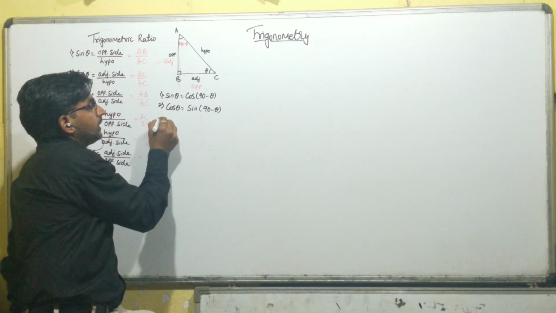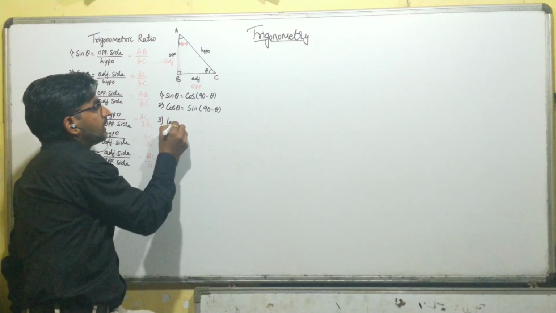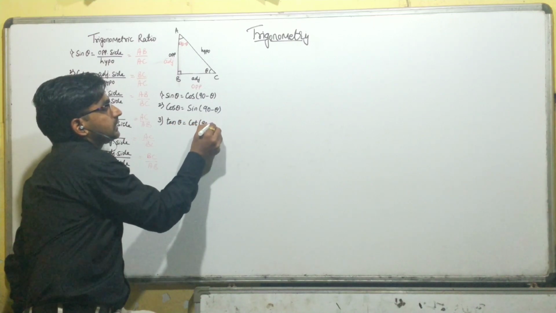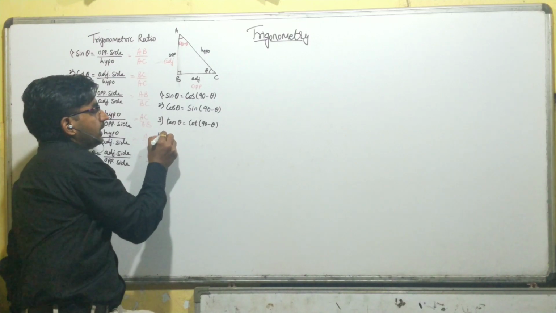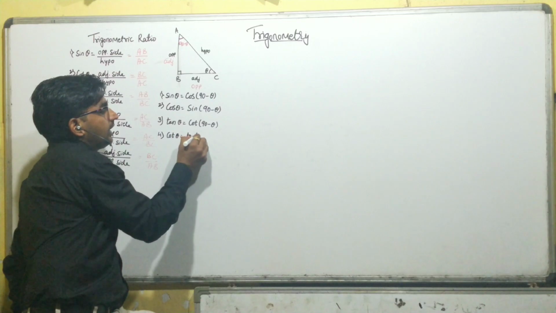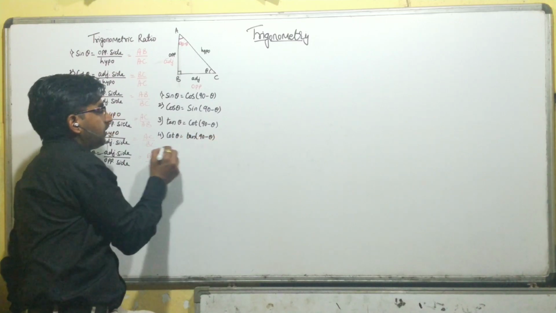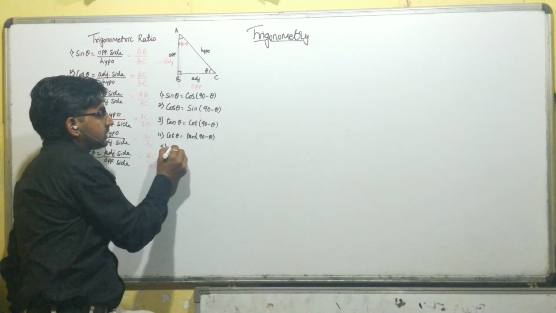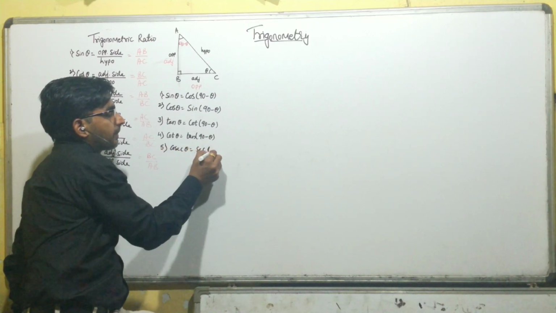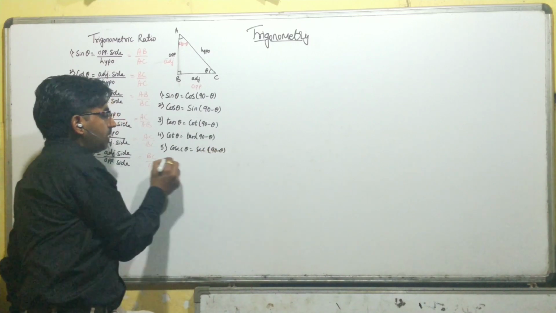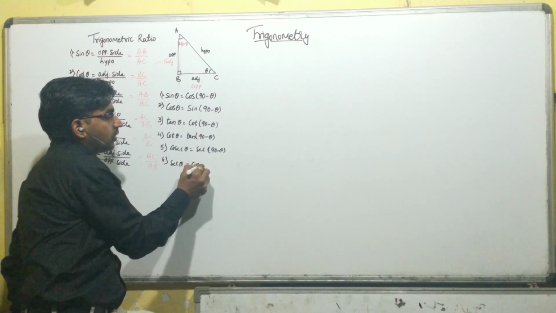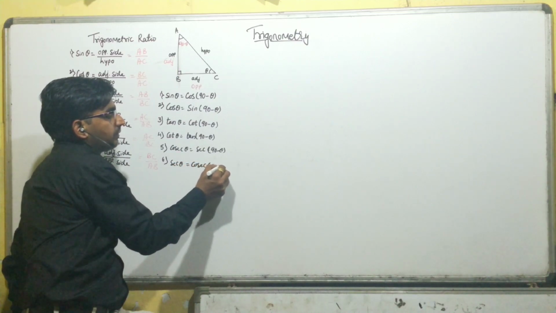Same way, third, tan theta will be cot 90 minus theta. Fourth, cot theta is equal to tan 90 minus theta. The fifth is cosec theta is equal to sec 90 minus theta. And the sixth is sec theta is equal to cosec 90 minus theta.